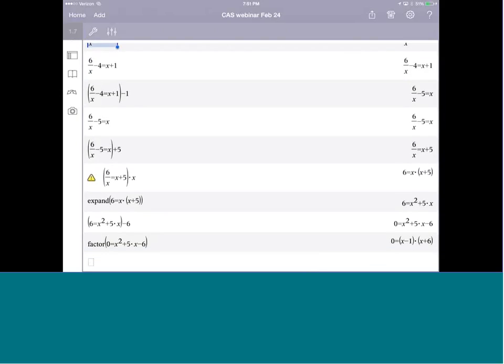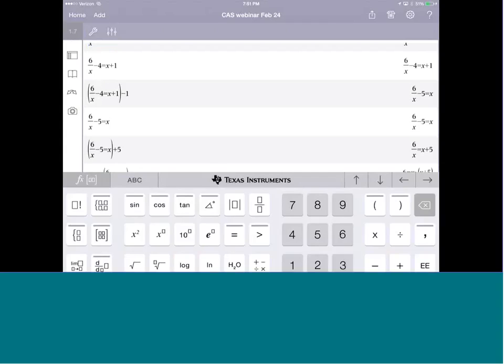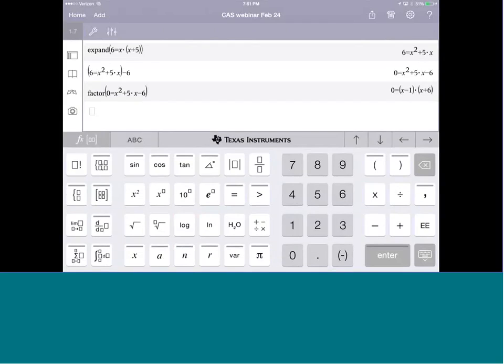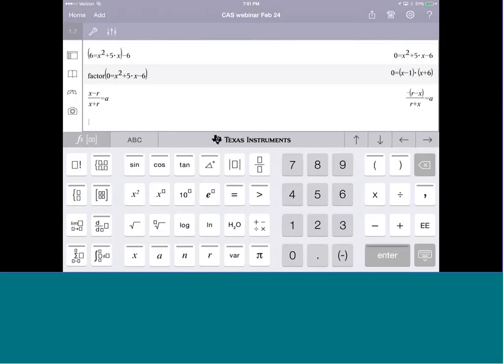Neville talked about a problem that he gave students that I thought was really kind of cool. It was, I think, something like x minus r over x plus r equals, let's say, a, and solve that for x.